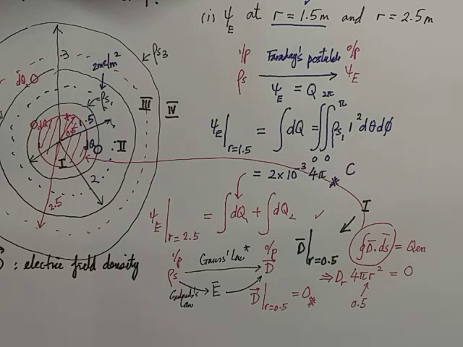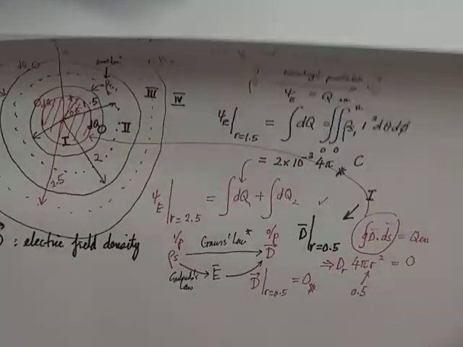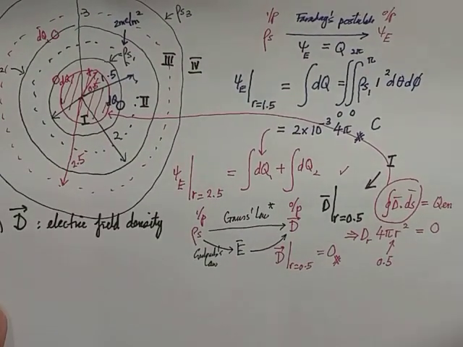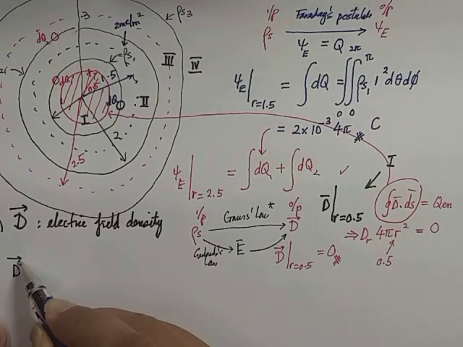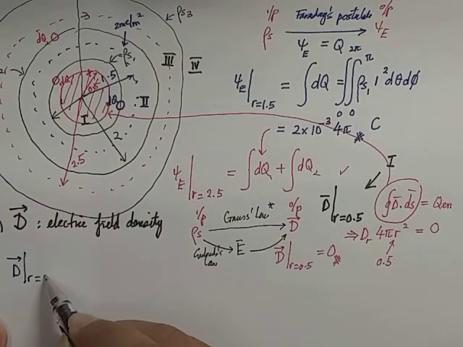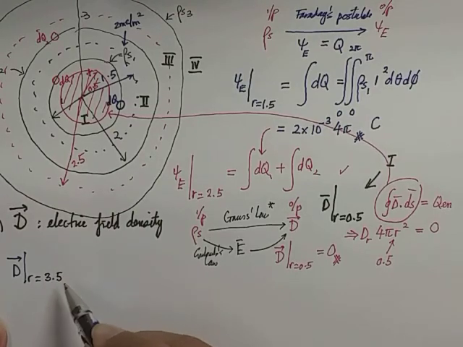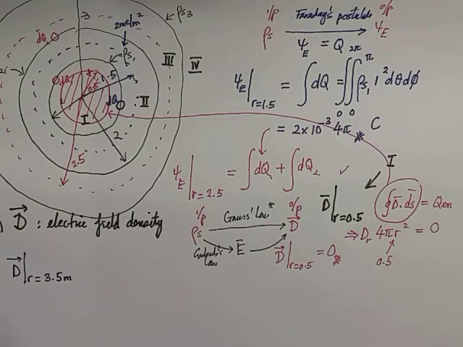What should be the D at r equal to 3.5? Okay, so let's do that. What should be the D at r equal to 3.5 meter? That should be the next logical problem I'm going to solve now. So again, where is my 3.5?